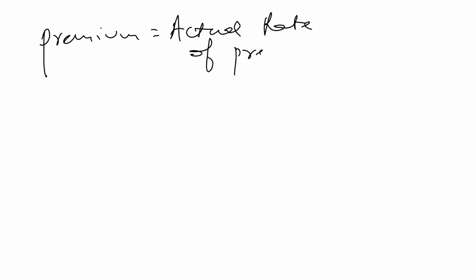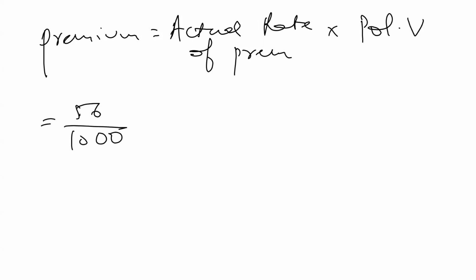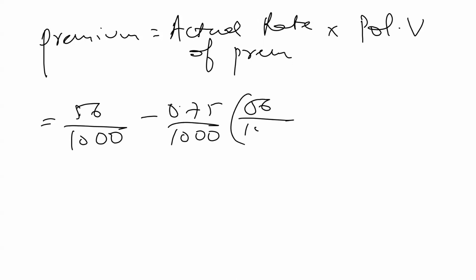Premium is equal to actual rate of premium into policy value. Let me just write it, because on the original rate they have given a discount. So actual rate of premium is 56 per thousand minus 0.75 upon thousand into 56 per thousand, into policy value.